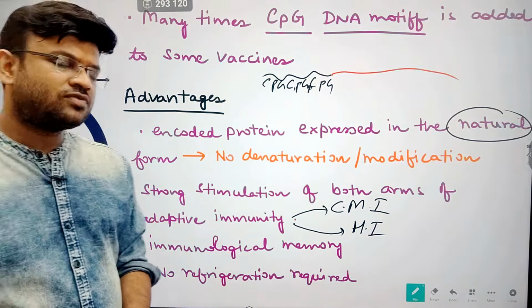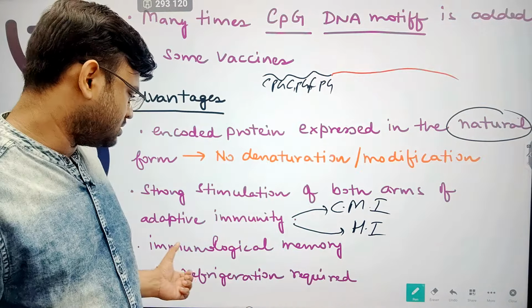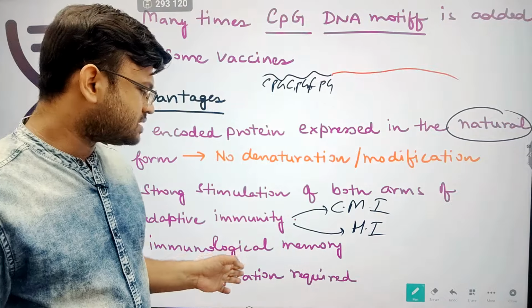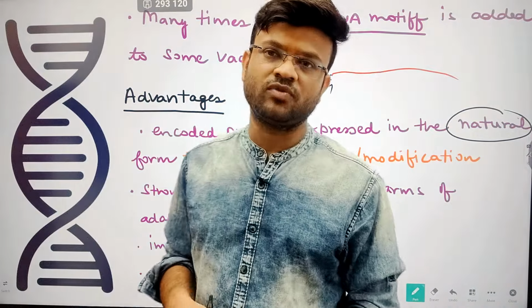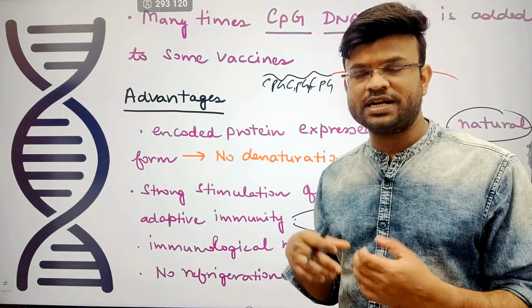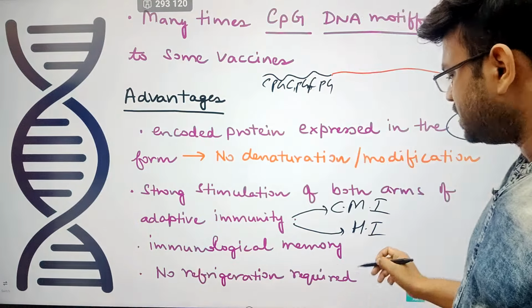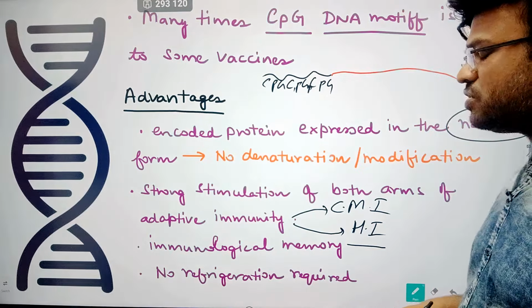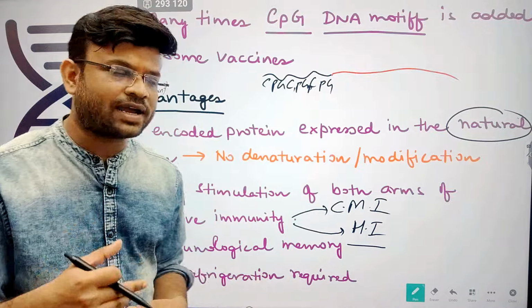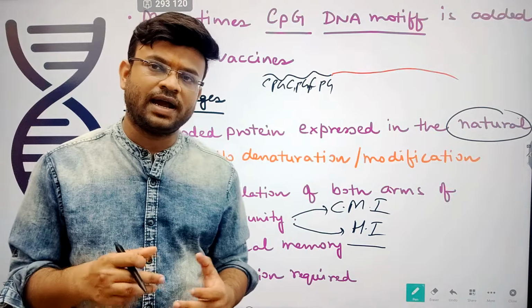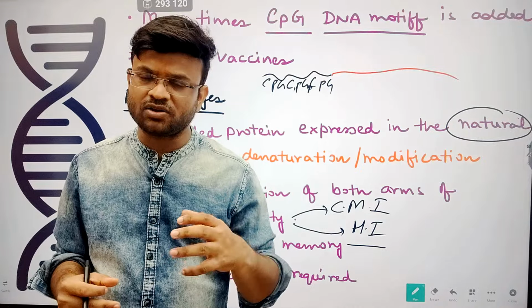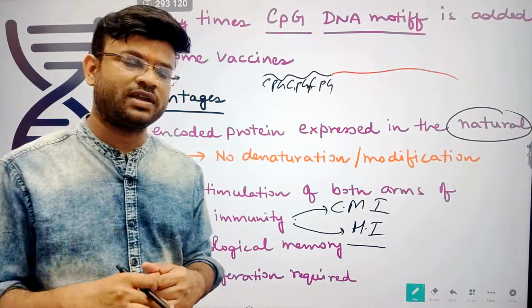Since both of these arms are activated, we can say that immunological memory is also involved. You would know that when the adaptive immunity gets activated, obviously the memory response also takes place. That means your body will remember how it tackled a particular pathogen and create the responses later on. If the pathogen comes later on, then the same responses will be created.